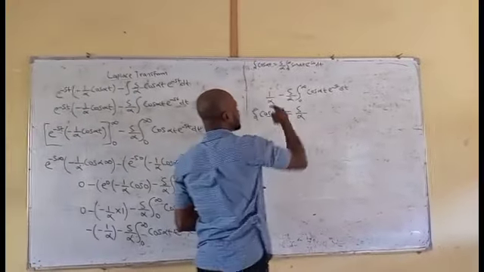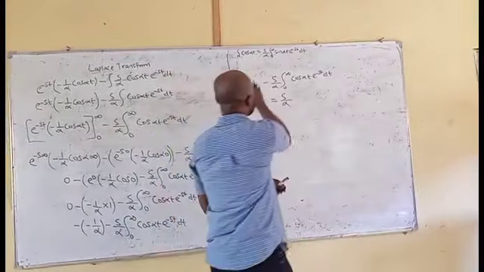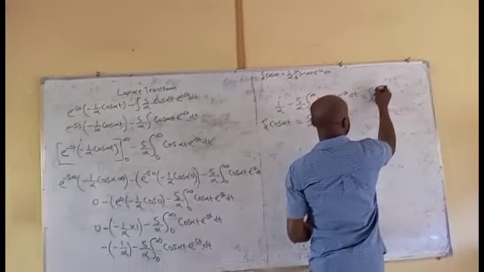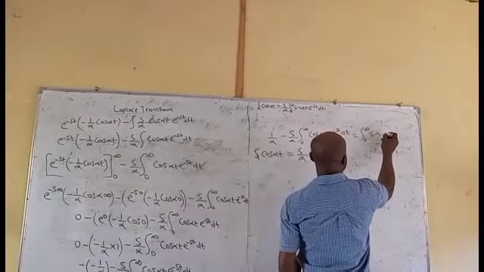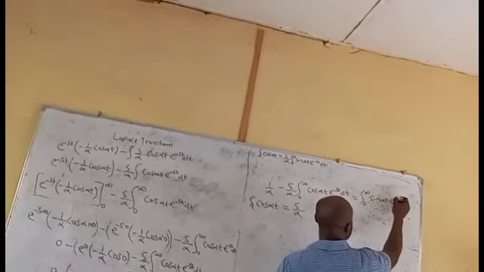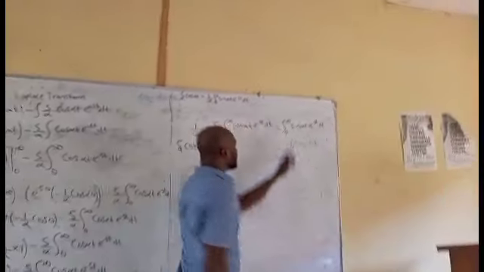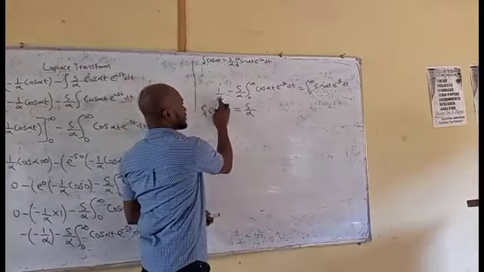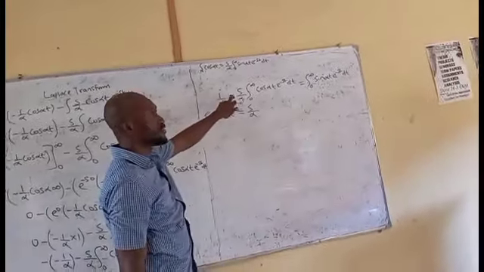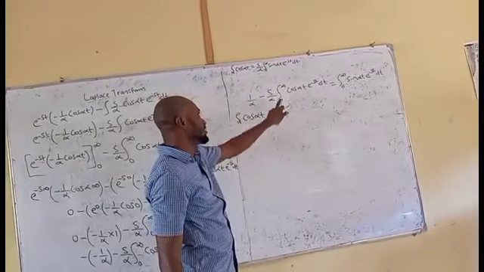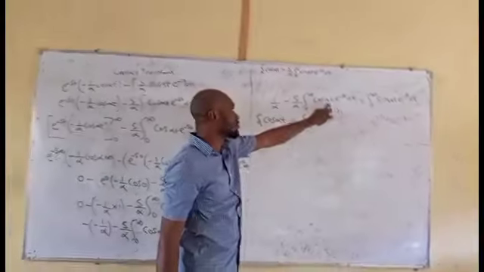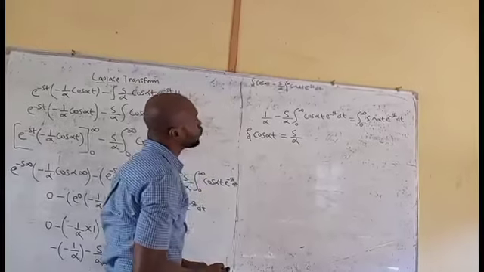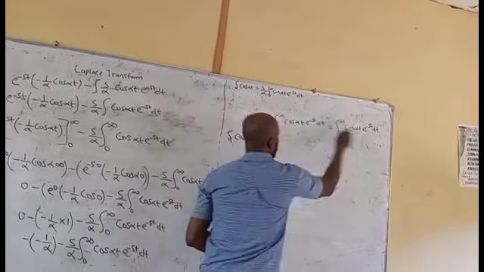The integral from 0 to infinity of sine alpha t exponential minus st dt, if you integrate using integration by parts, you will get 1 over alpha minus x over alpha times the integral from 0 to infinity of cos alpha t exponential minus st dt. So when you take the integral of this one, it will give you this.